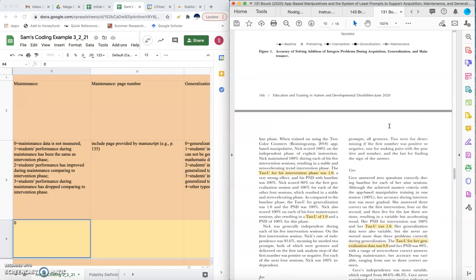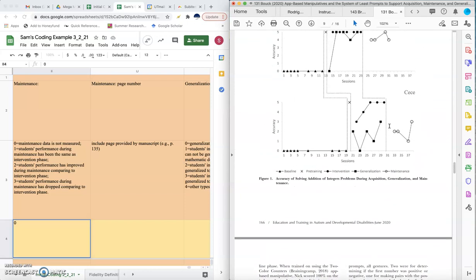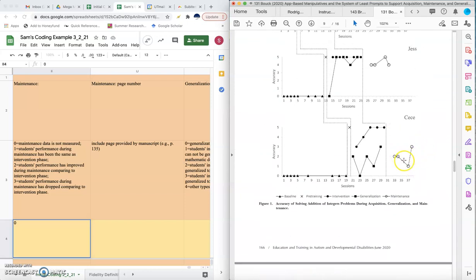Or we can see here in the graph, her maintenance phase is lower than her intervention phase. Versus Jess, you can see all of her maintenance data is on par with how she did with the intervention itself.